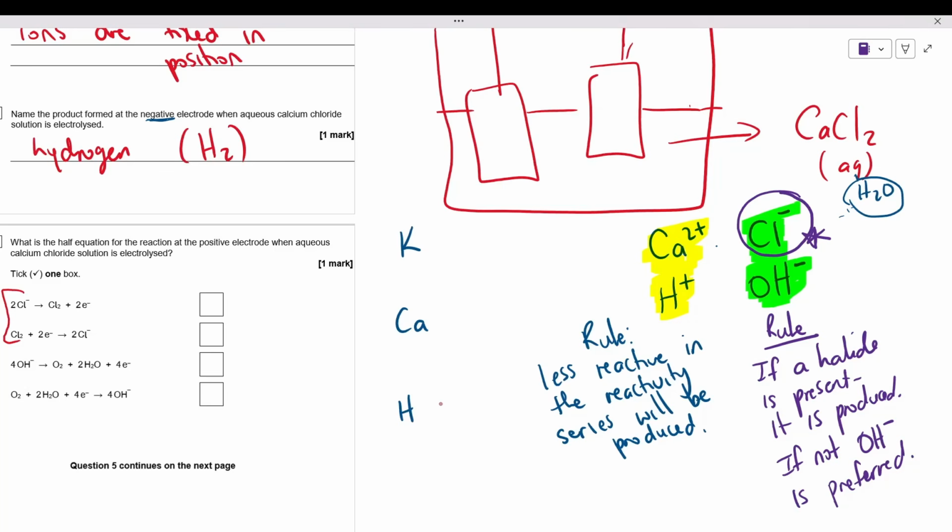Okay, so let's see. So we have our Cl minus, and we know that it has gained an electron already. So in order for us to go back to being the atom, we're going to do the opposite. So now it's going to be losing it.